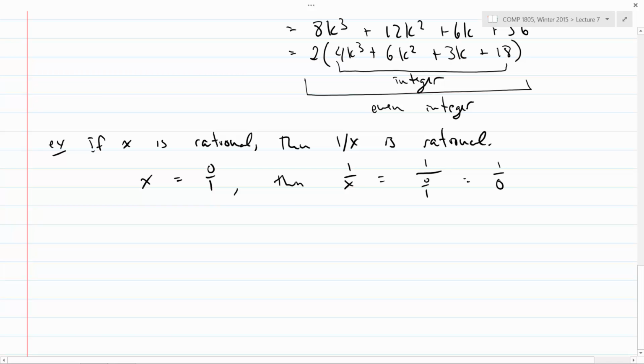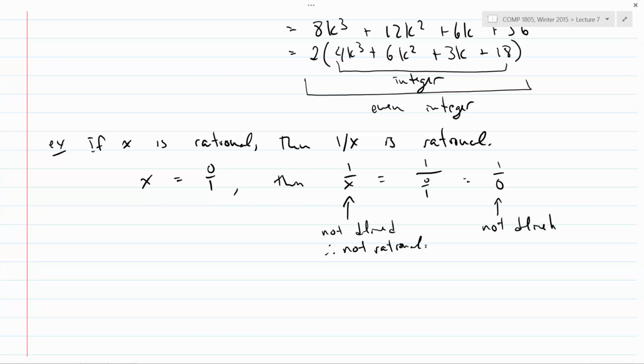Is 1 over 0 a rational number? No, it's not defined. So if that is not defined, then 1 over x must not be defined, and therefore it's certainly not rational. Right? If it's not defined, there's no way that it's rational.